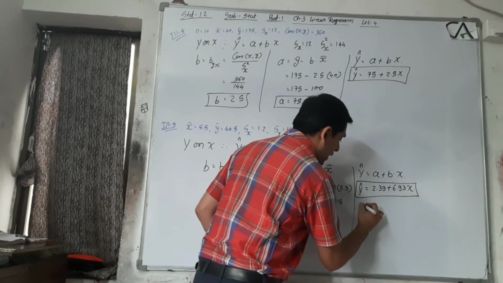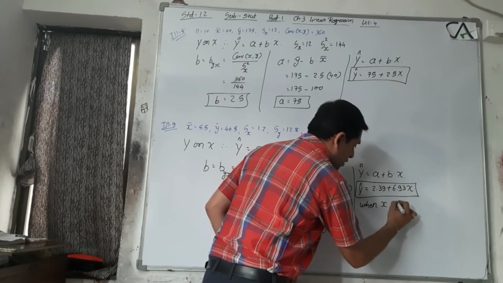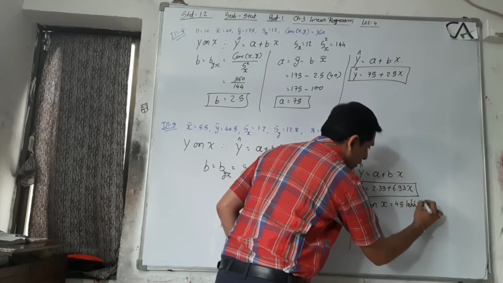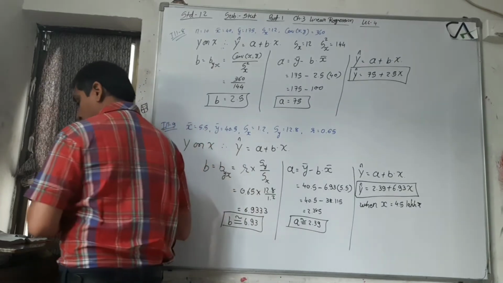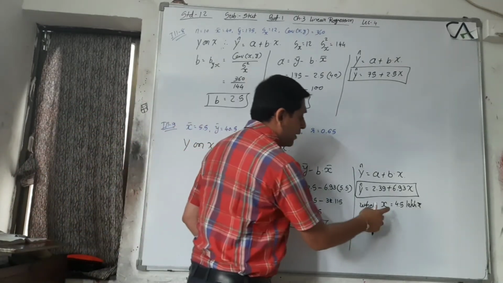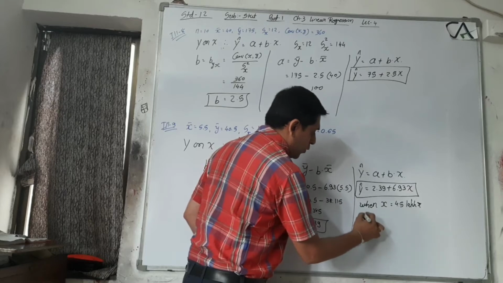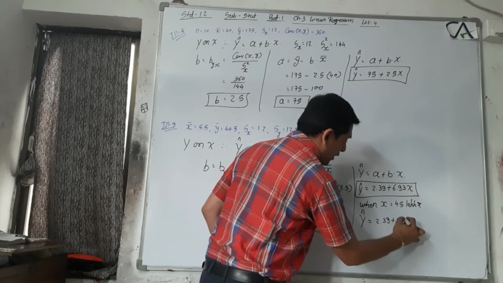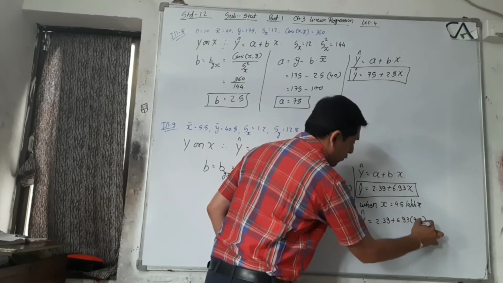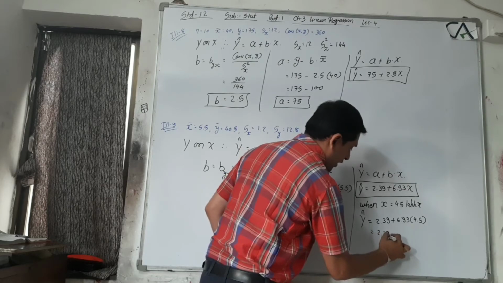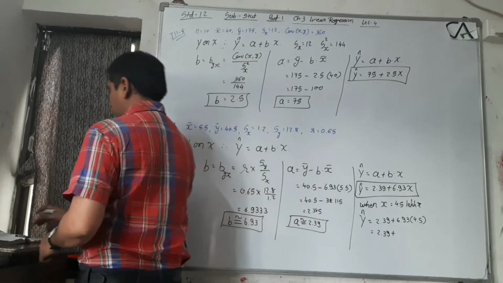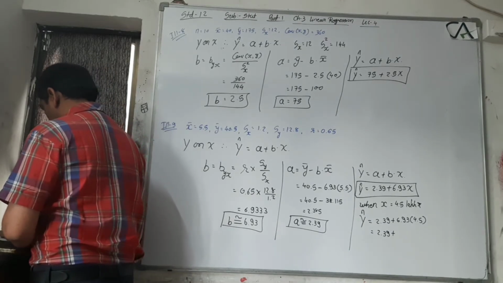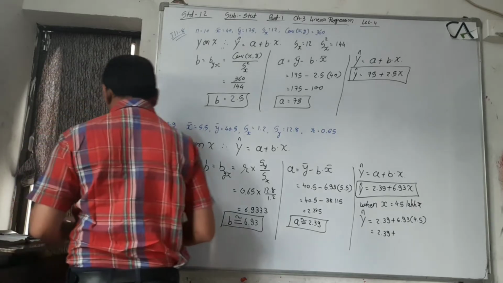Now it is given that when X is equal to 4.5 lakh rupees, estimate the value of Y. Income is 4.5 lakh rupees, then what is the estimated investment? 2.39 plus 6.93 into 4.5. 6.93 into 4.5 is equal to 31.185.